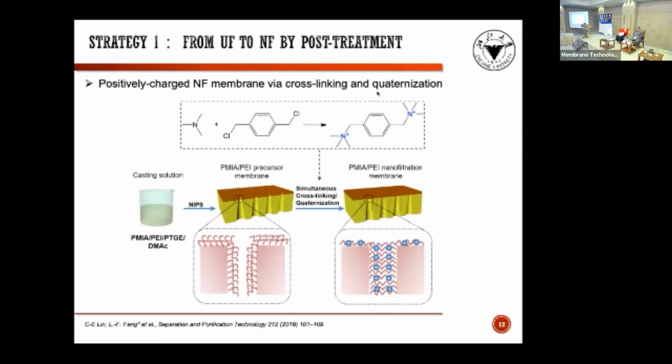To solve the leakage of the additive during the formation of the blend membrane, the cross-linker PTGE was introduced to the casting solution, followed by simultaneous cross-linking and quaternization using XDC. The PMIA blend membrane shows obvious positive charge.